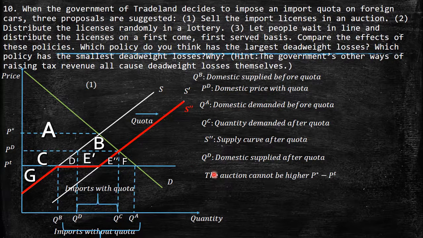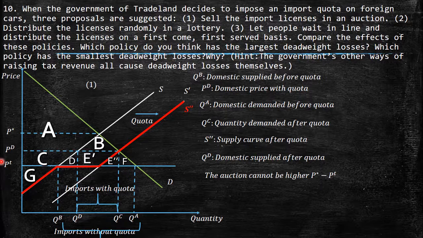So in the auction, the first situation, it's important to take into account that the difference PSR minus PT is going to be the maximum price that can be paid by license holders, because remember, the license holders win the benefits. Okay, the difference between the world price and the price that they take from the market. So this is going to be the change.